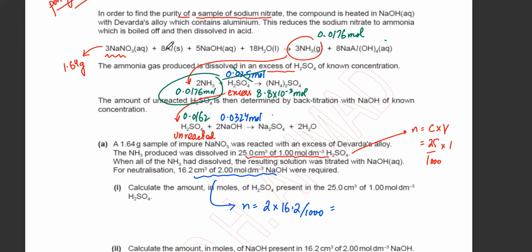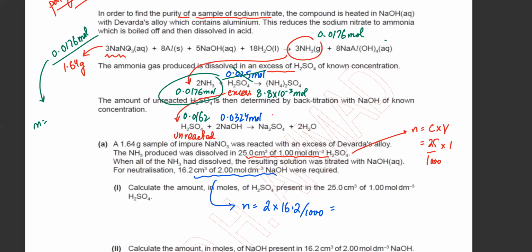And its ratio with NaNO3 is the same, 3:3. So that means the moles of NaNO3 are going to be exactly the same. So you found the moles. The next thing is they're going to ask you for the mass. So you can find the mass now.